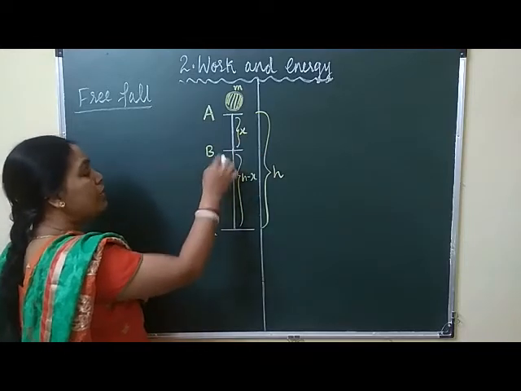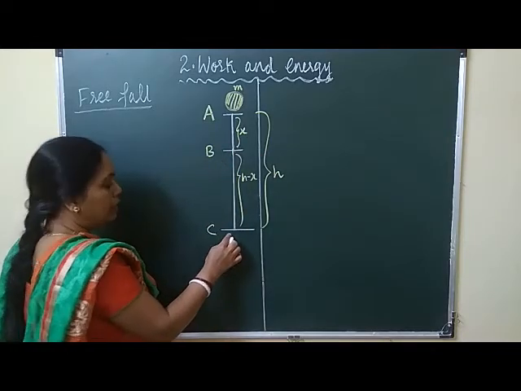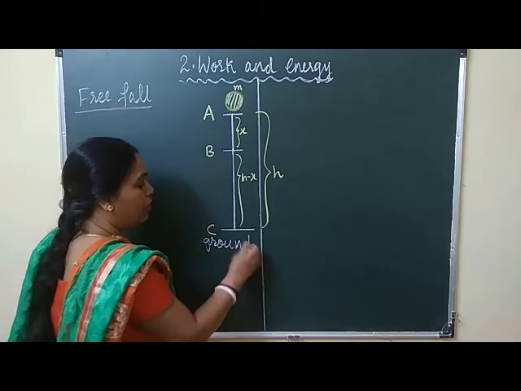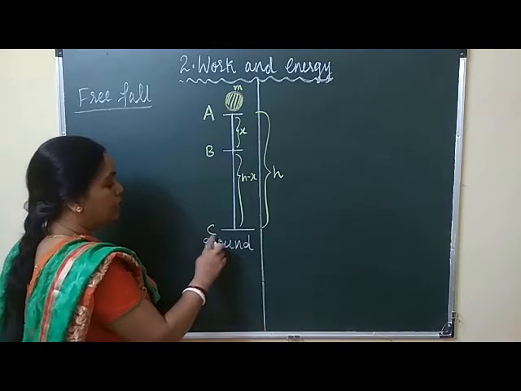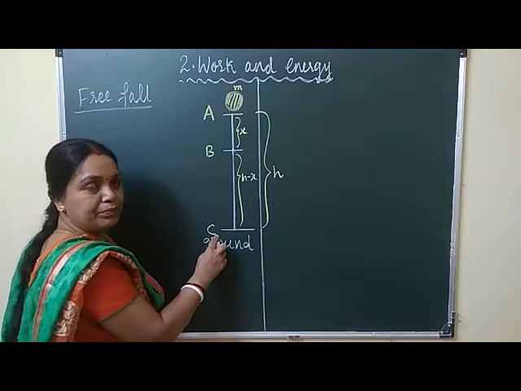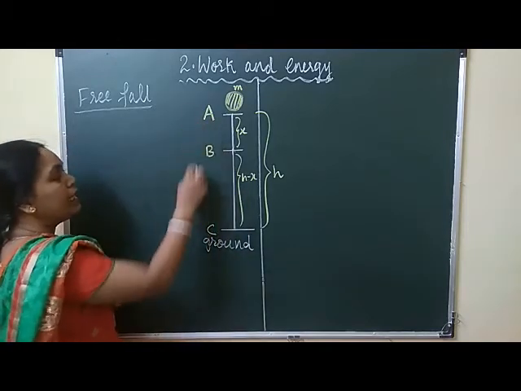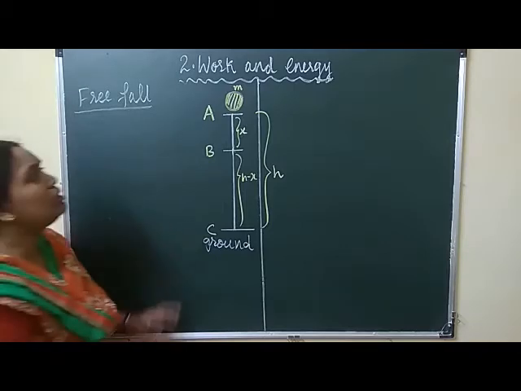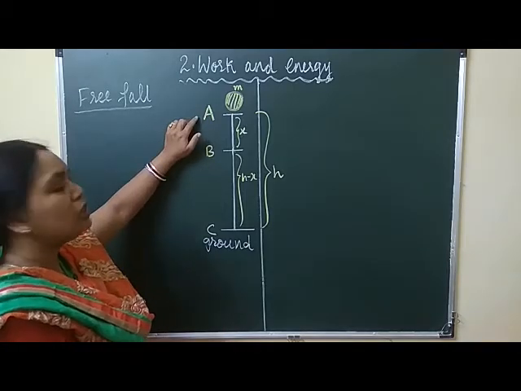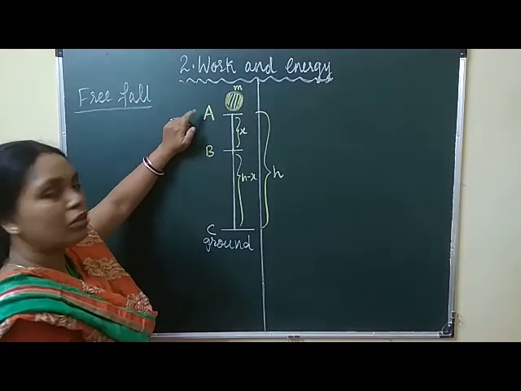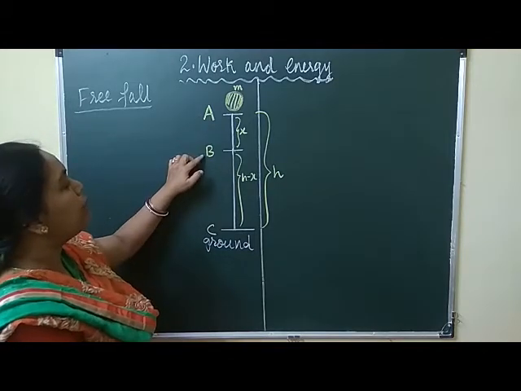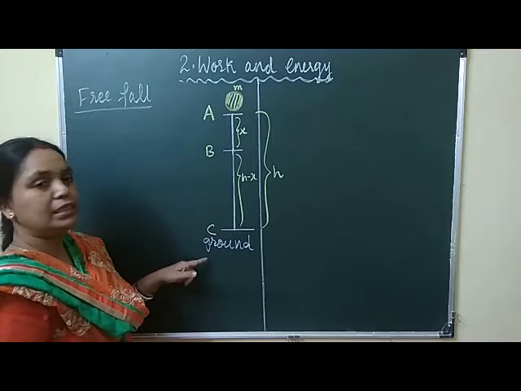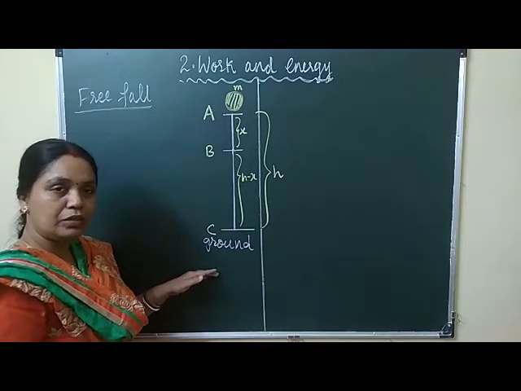When the ball falls down, it lands on the ground. It is position C. So we can consider the three positions of the object: position A on the top of the table, position B in between, and position C on the ground.